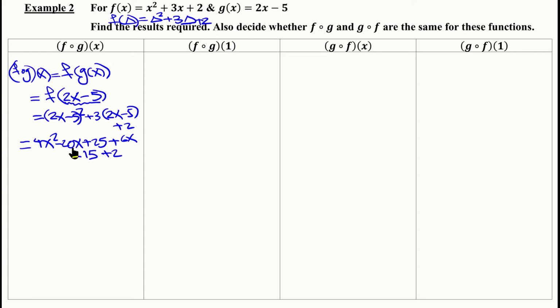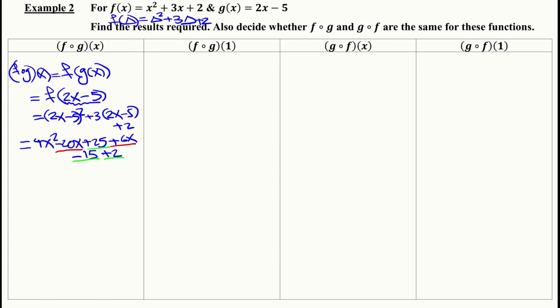So now we notice that we have some like terms here. We have the 20x and 6x, and we also have 25, negative 15, and 2, which are like terms, which we're going to combine now.